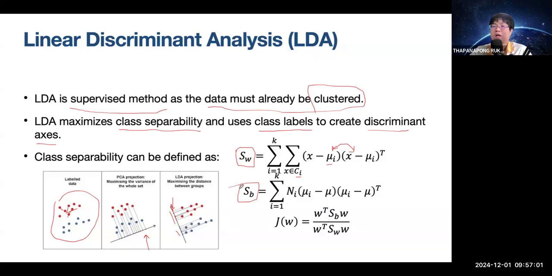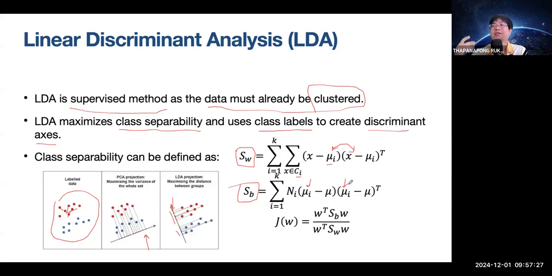For SB, you look at between class. In between class, you look at different classes, and you're not going to do every pair of points from each different class because it's really messy. So what you do is you look at the representative of each class.